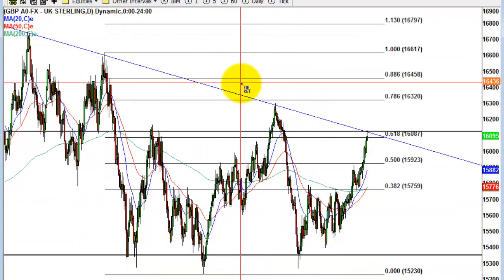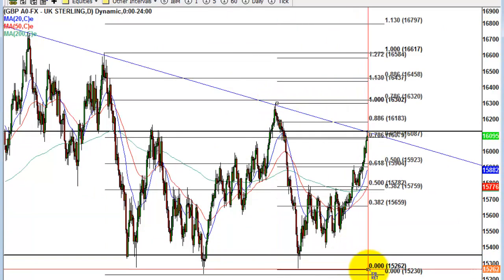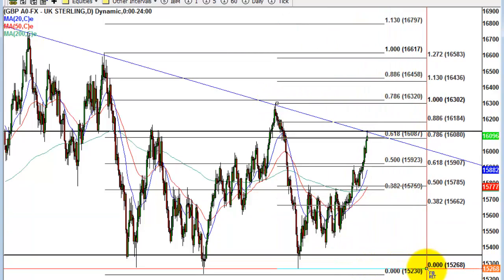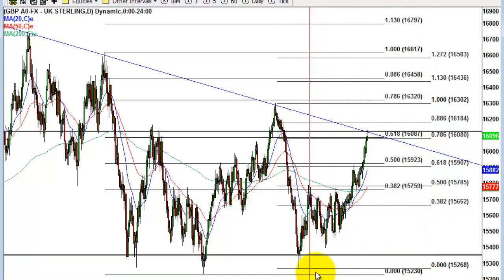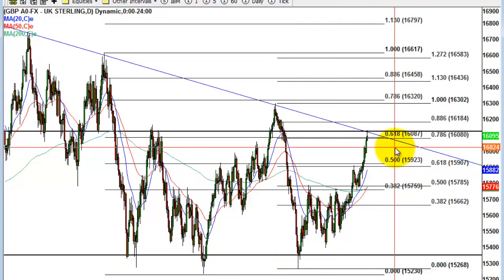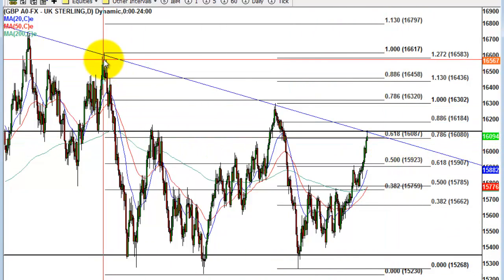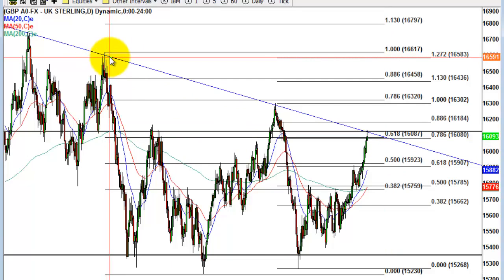So this is a cluster potentially in action for a short tonight. You can see how the 0.786 Fibonacci level of the most recent swing high to swing low overlaps near perfectly with the 0.618, which basically is a Fibonacci level as a result of the swing high to swing low before the most recent one.